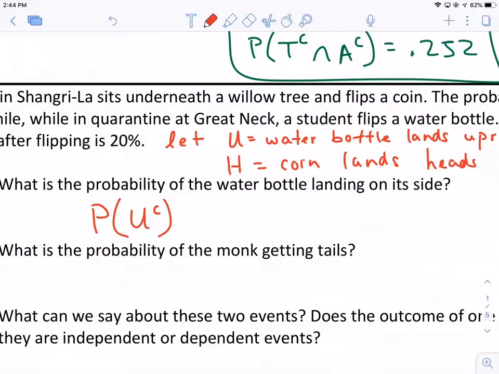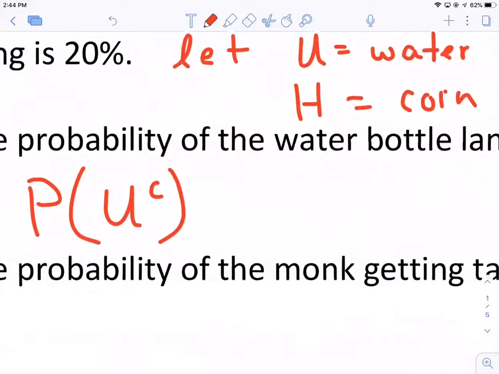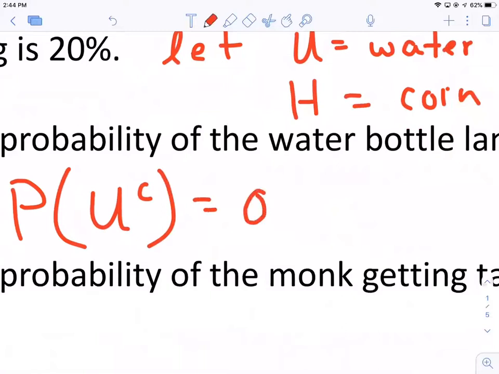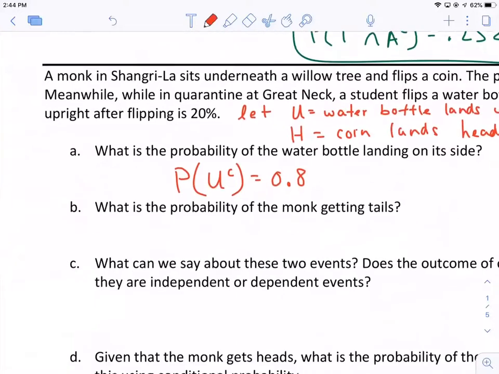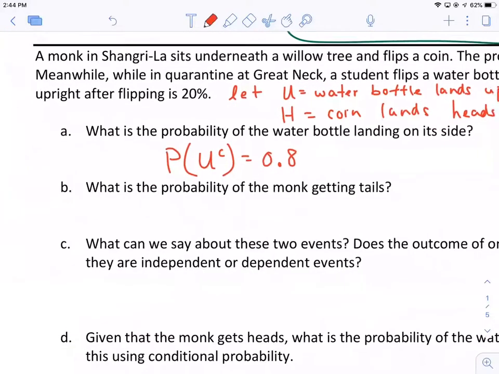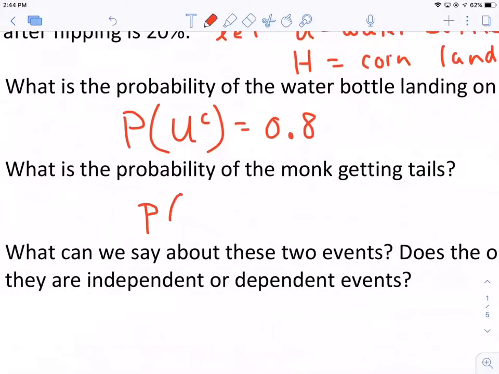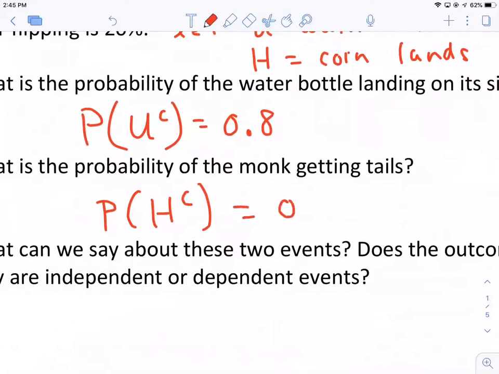But anyway, the probability of the water bottle landing on its side would be the complement of it landing upright, which would be 0.8. So there's an 80% chance of the water bottle landing on its side. Chance of the monk getting tails: you can't say T because we haven't defined T. If you want to define T up above, that is fine. Or we can also write this as the complement of heads. And of course, that's also 50%.